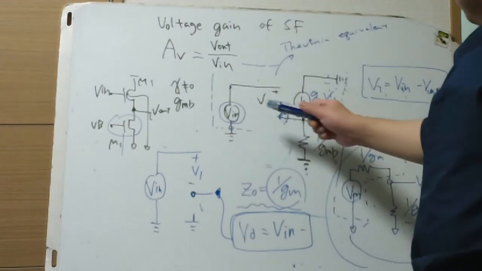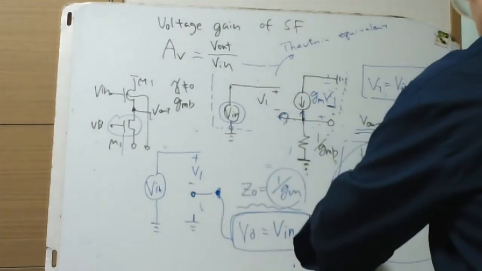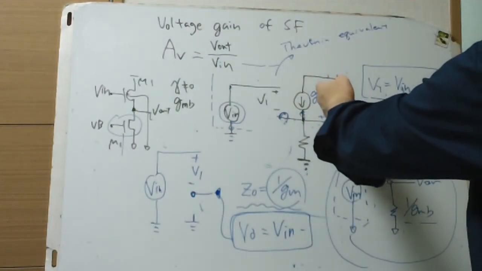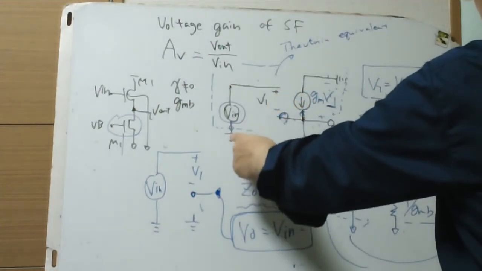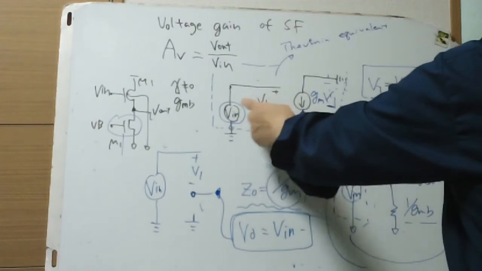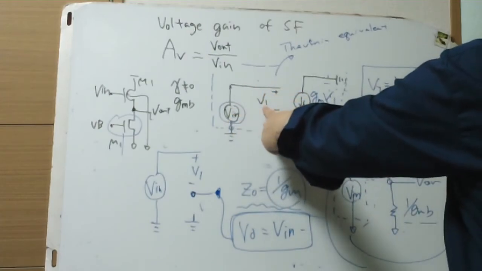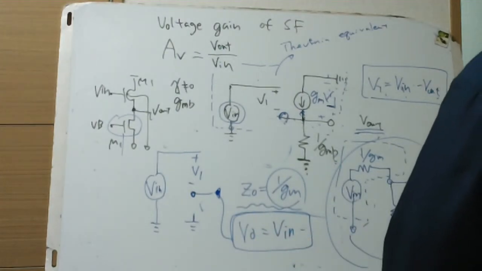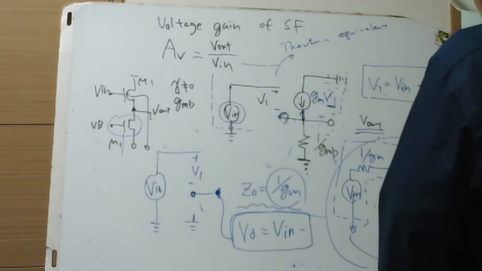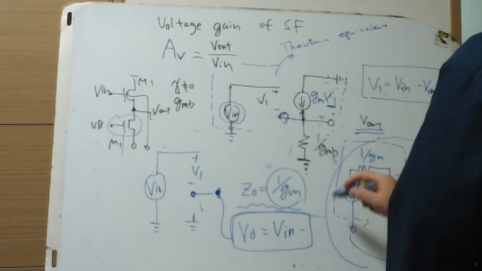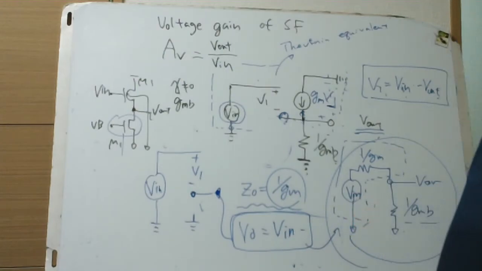Looking at the voltage to find VO, we open this, which means V1 shorted equals 0, and V in minus V out equals V1, which is 0, so VO equals V in. To think like that is finally the derivation, so it finally leads to the equivalent circuit.